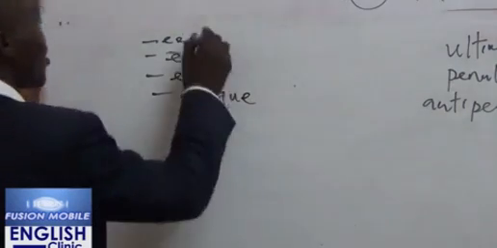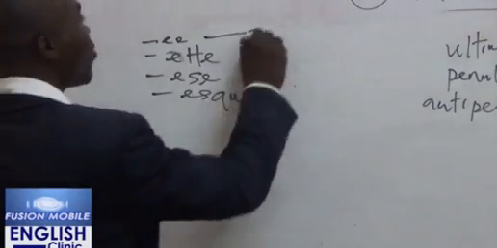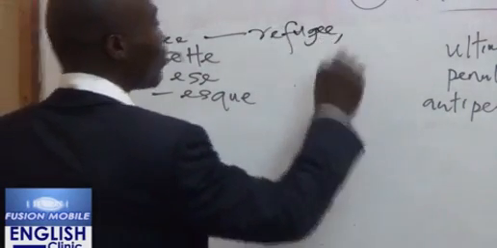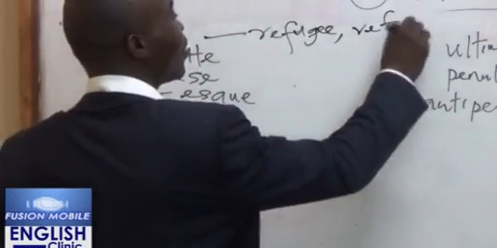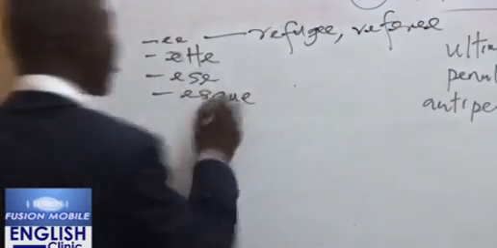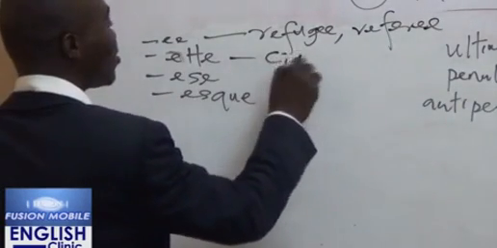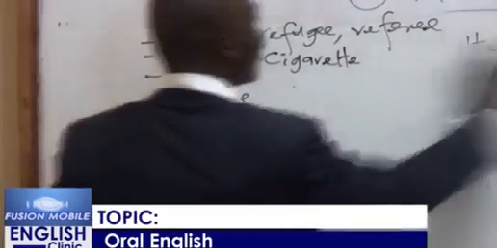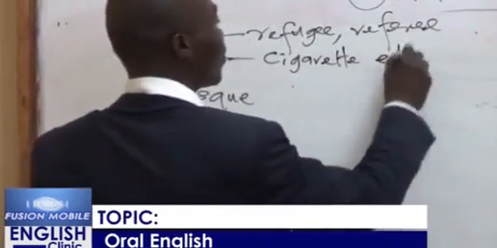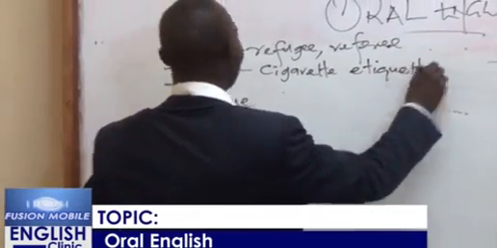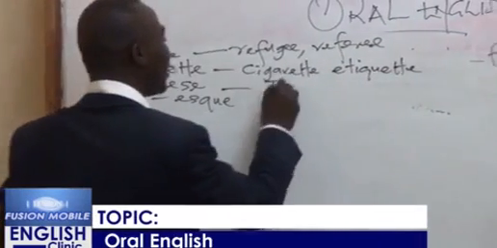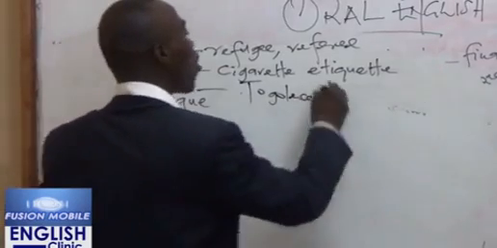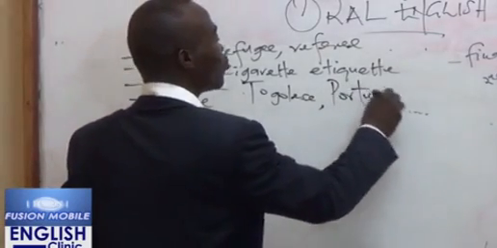For instance, if you look at this example, we have refugee. You have referee. Here you have cigarette. Here you have etiquette. Here you have Togolese. Where you have Portuguese.